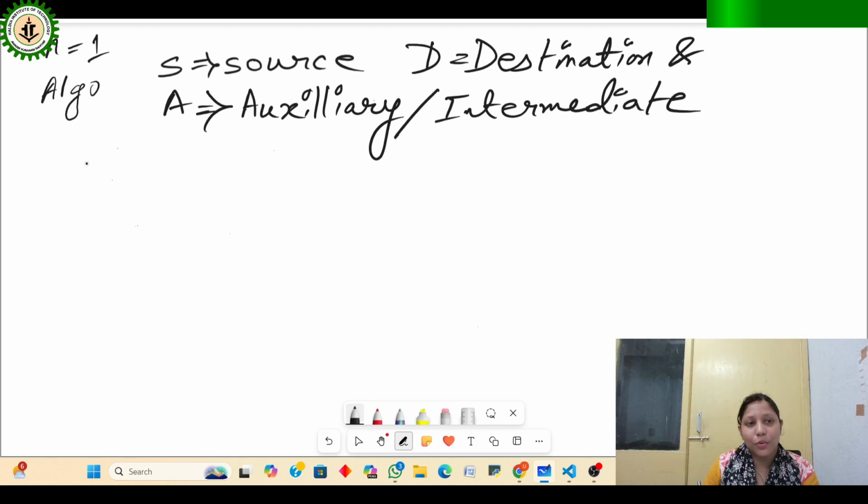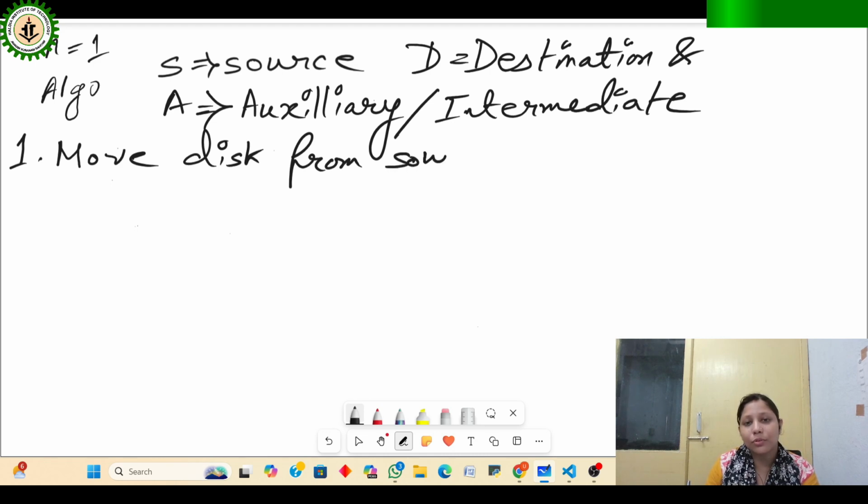If n is equal to 1, this is simple. It will have only one step, that is move this from source to destination.